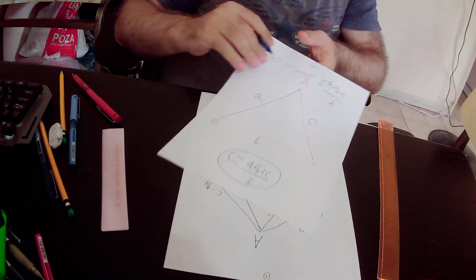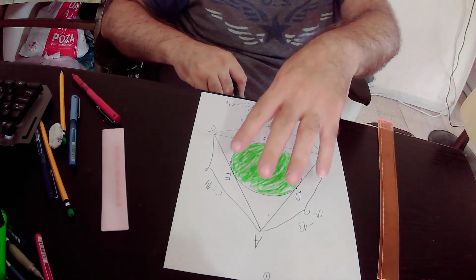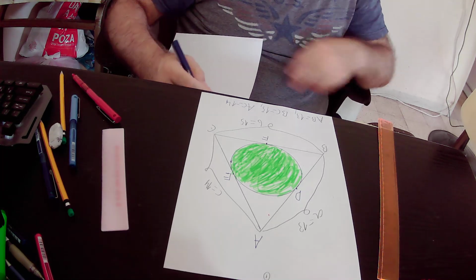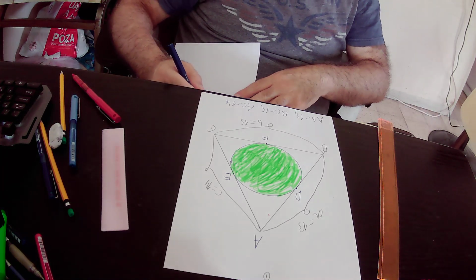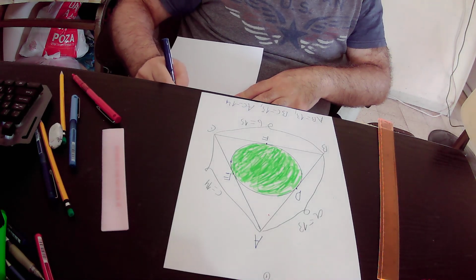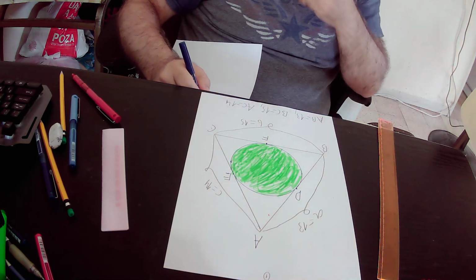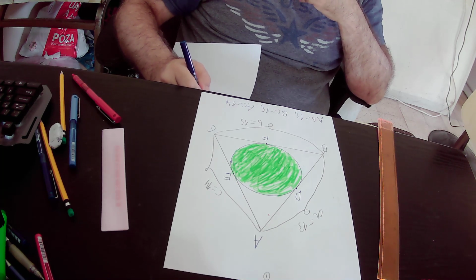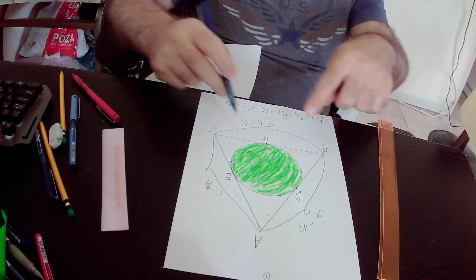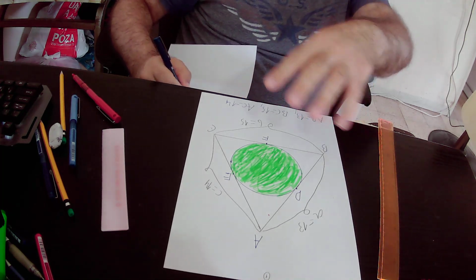Okay, so we can calculate the semi-perimeter of our triangle ABC according to the formula for the semi-perimeter. So the semi-perimeter of triangle ABC, that is to say S, will be equal to A plus B plus C over 2.